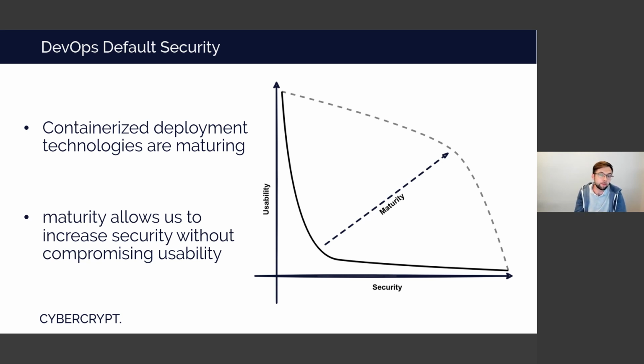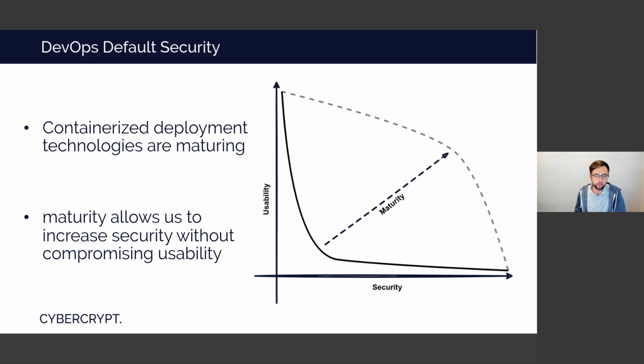And what we believe is that a lot of these cloud native technologies, such as Docker and Kubernetes and other technologies, have been going through a maturity phase. And also the developers who are using these technologies have been going through a maturity phase, where they have been learning how it works and becoming experts on these technologies.